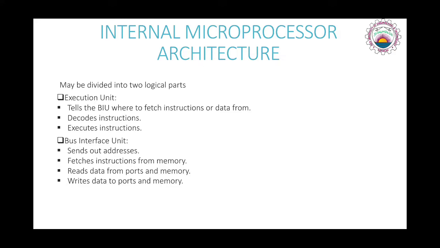Or the generated address may be of any input device. So it may receive data from any input port or input device, or the address generated by processor may be of any output device. So bus interface unit will be writing data through data bus to that output port.